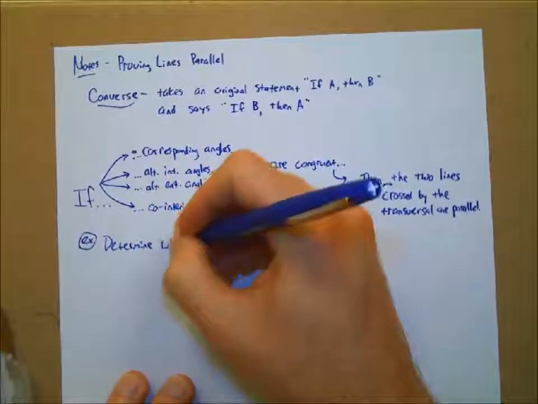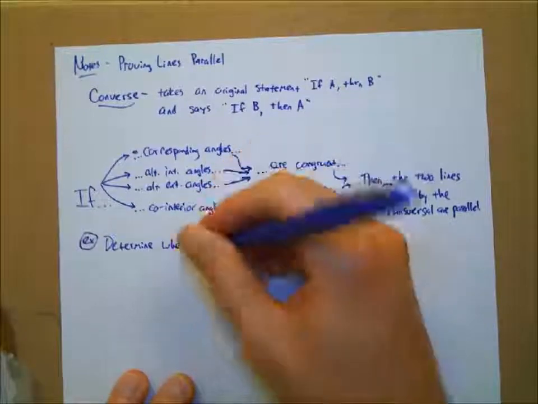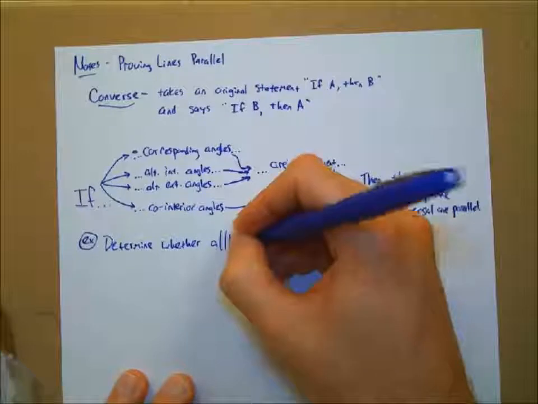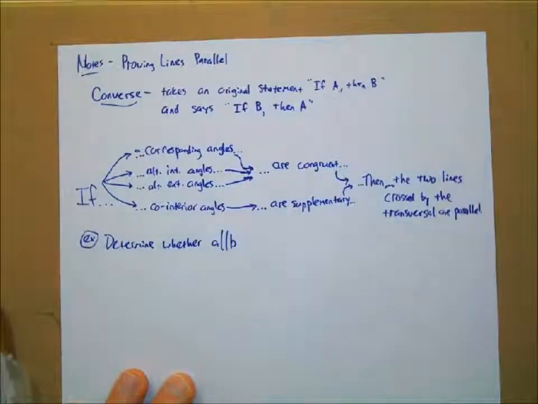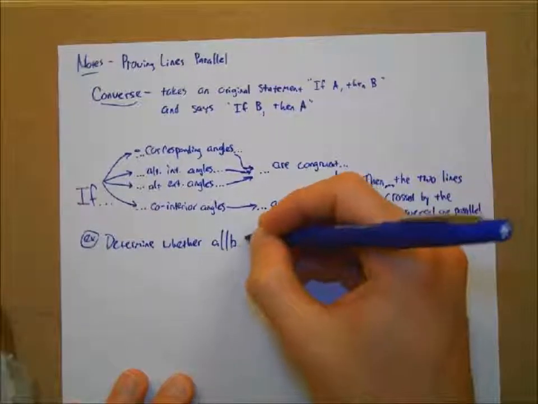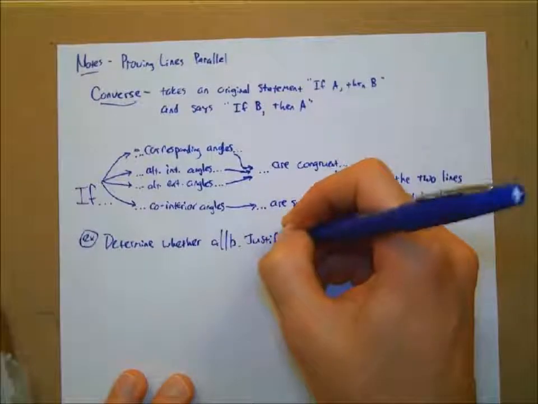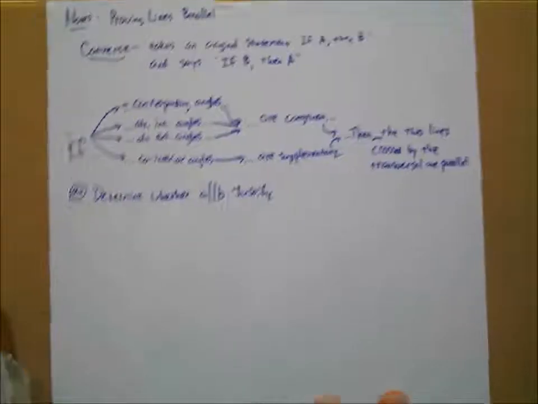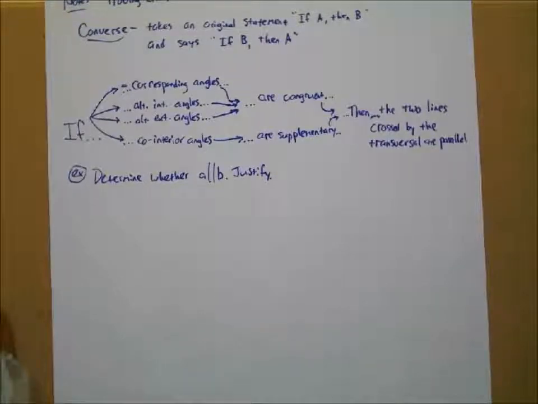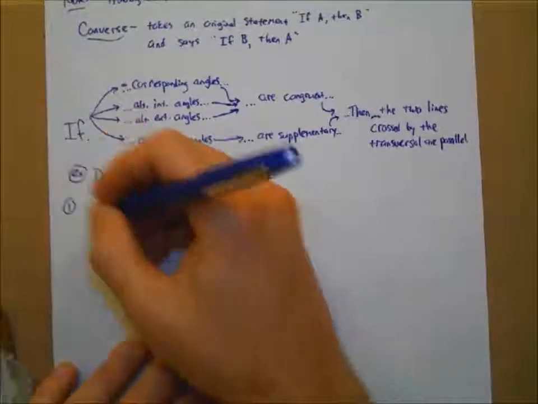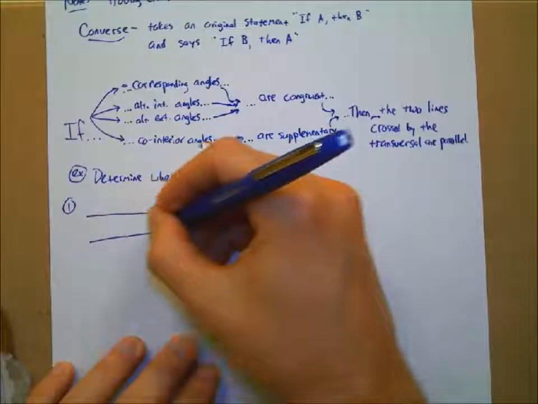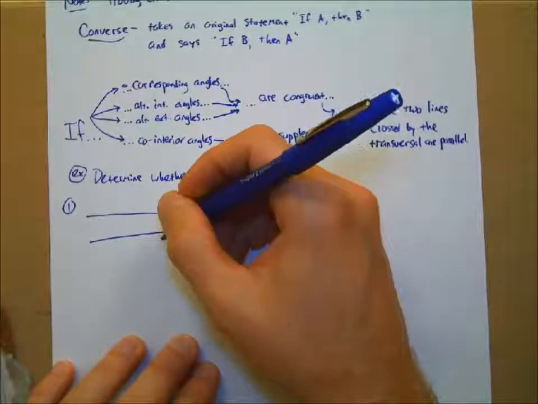Okay, so let me show you some examples here. Our directions are to determine whether A is parallel to B and justify. Number one, let's draw a picture here.